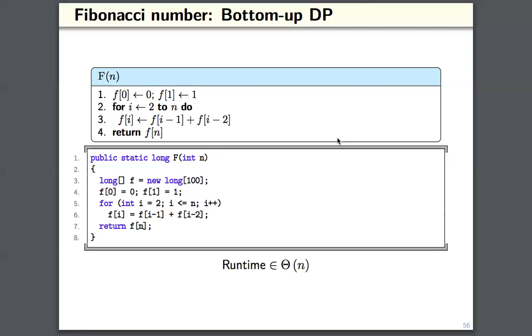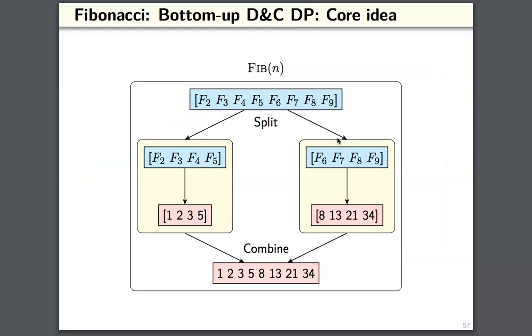Dynamic programming is just converting recomputations into store-and-reuse. And there are two types, top-down and bottom-up. We can also apply divide and conquer on top of dynamic programming, for every DP.